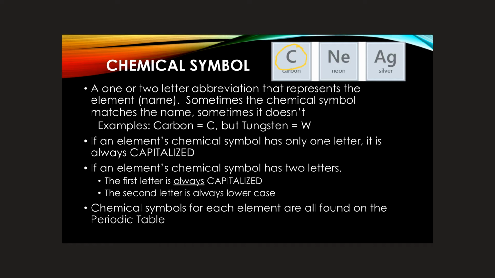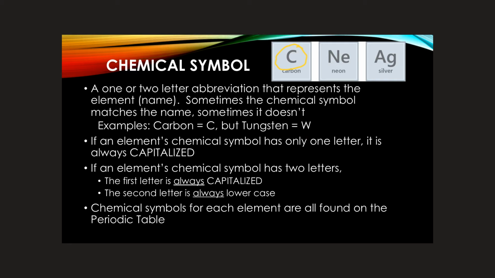So the chemical symbol capital C stands for the element of carbon. However, tungsten, which is a W, stands for wolfram, actually, and that's where it gets its original name. But the chemical symbol for tungsten is a W.